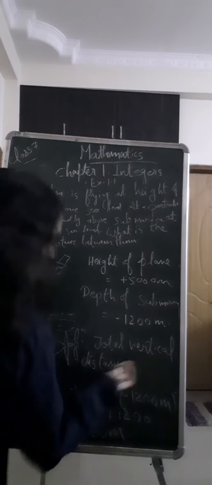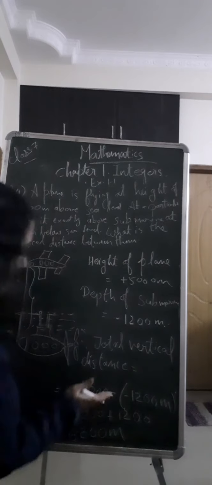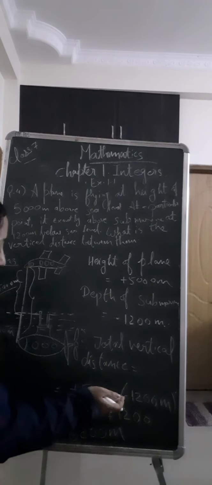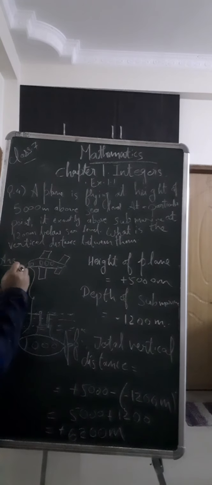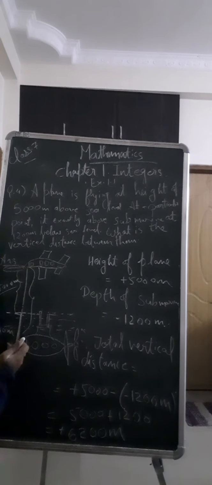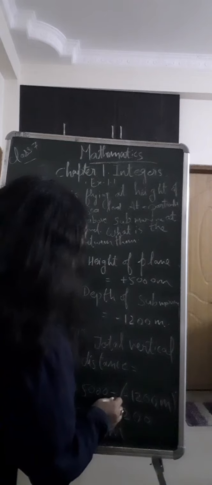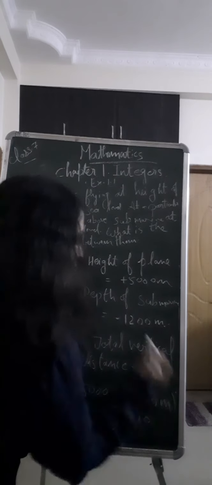So children, to calculate the vertical distance, the depth will be subtracted from the 5,000 meter, isn't it? This is the extreme point. From this extreme point, if we subtract this, we will get the vertical distance between these two. So 5,000 minus of minus 1200 meters.